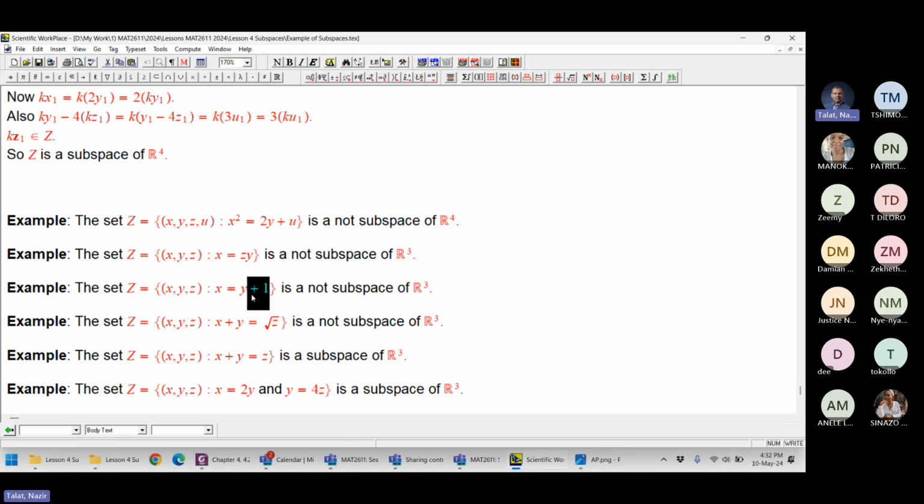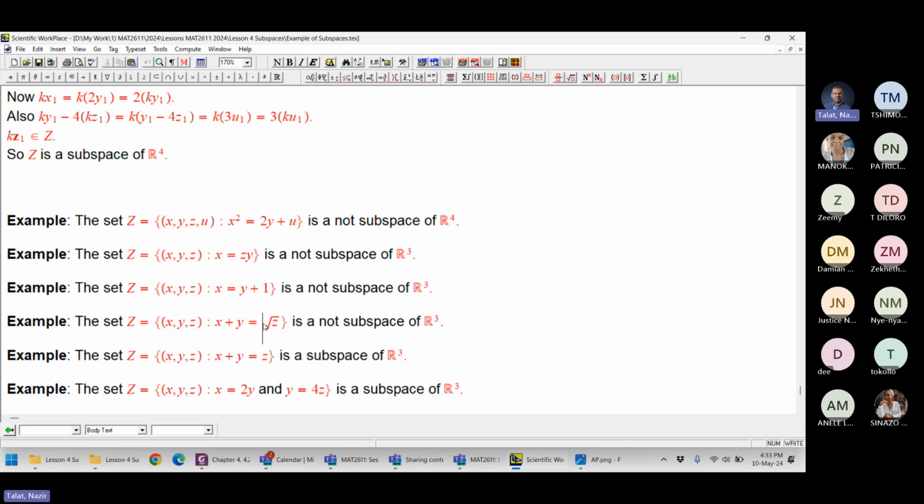Otherwise, if x plus y equals 1 and u plus v equals 1, then x plus u plus y plus v becomes 2. So here instead of 1 it becomes 2. Then it will never become a subspace of R3.